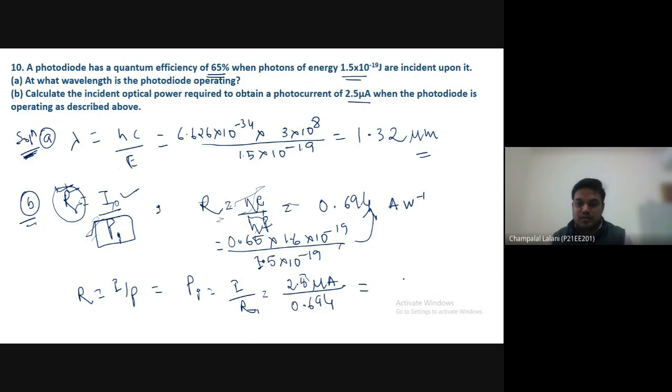To solve this, we'll get the answer as 3.6 microwatt. So this is the power that needs to be incident to get this much of current at the output.